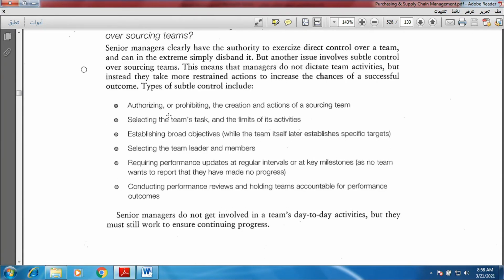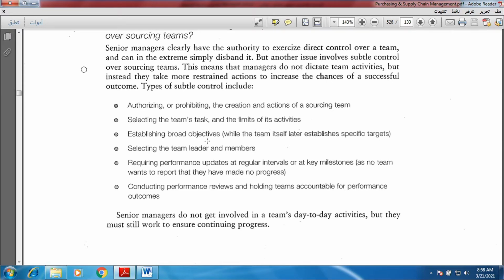Think about the authorizing abilities. The actions taken by the sourcing teams should be understood by the management. Also, the tasks for the team members and the limits of the activities should be clearly shown from the beginning, because they need the support of the management.